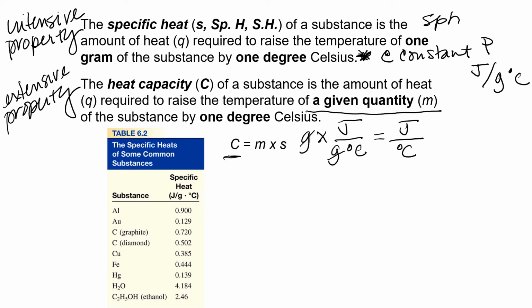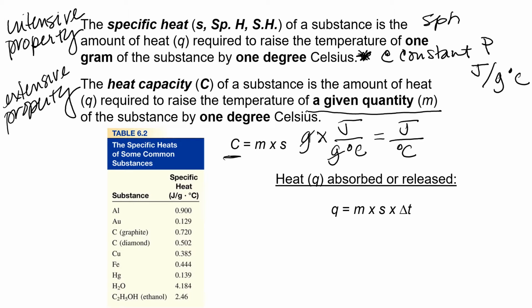Now the equation for calculating heat flow, or Q, is Q equals mass times specific heat times delta T. That mass is in grams because now if you look at these units, mass is in grams, this is degrees Celsius, grams and degrees Celsius will cancel, so our Q will always be in joules.